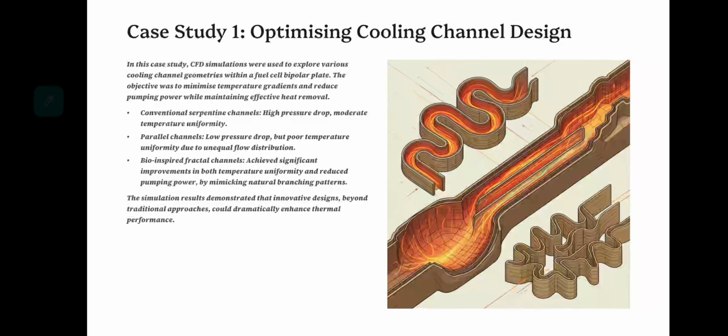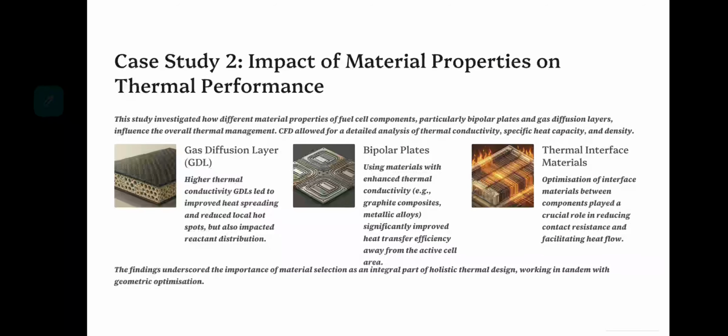Bio-inspired fractal channels achieved significant improvements in both temperature uniformity and reduced pumping power by mimicking natural branching patterns. The simulation results demonstrated that innovative designs beyond traditional approaches could dramatically enhance thermal performance.